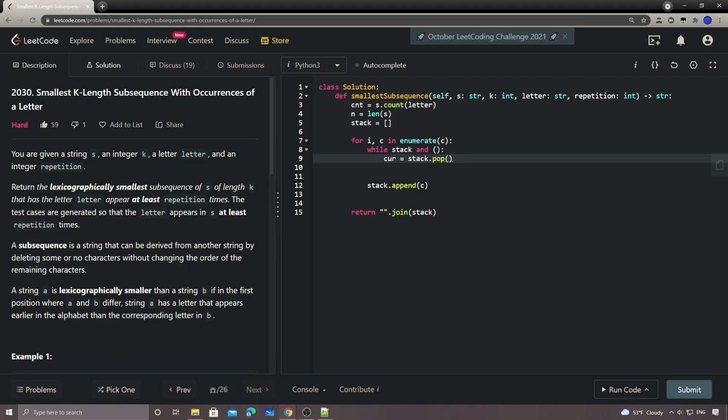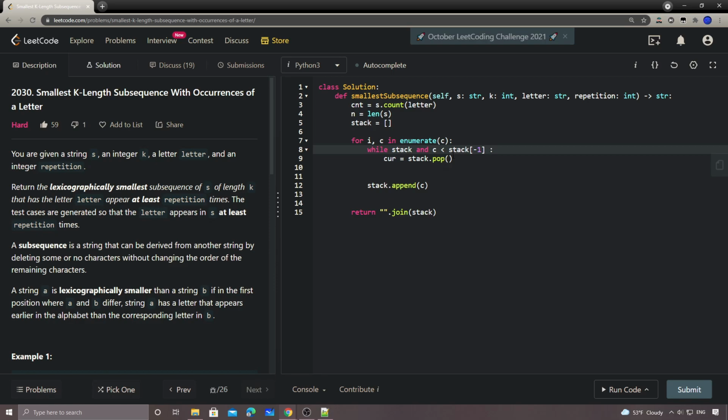The first one is like this: if the stack is not empty and the current one is smaller than the top of the stack, stack of -1, this is the time we want to pop.